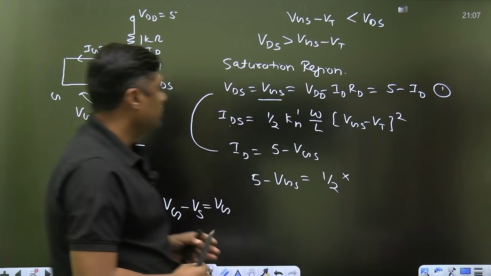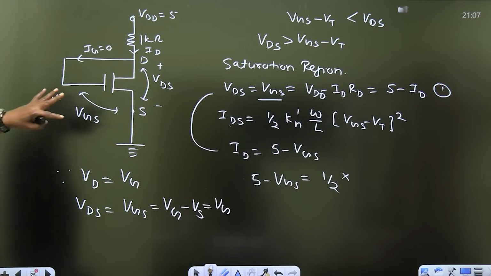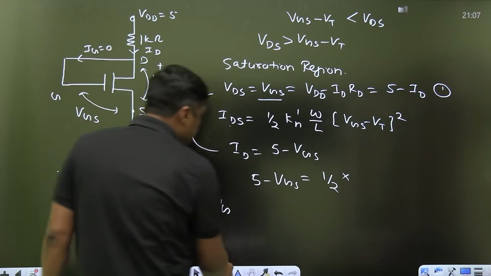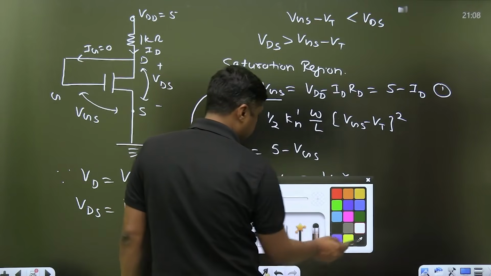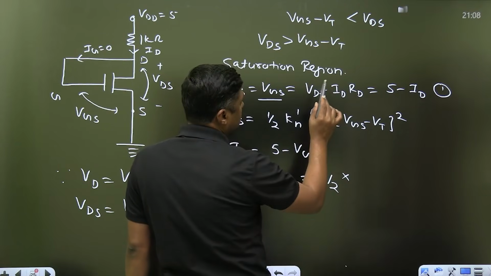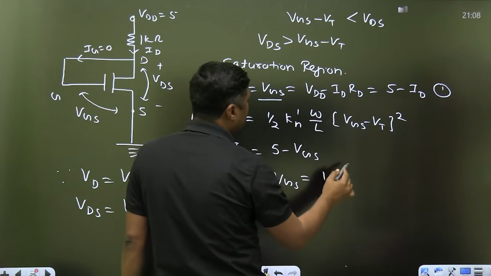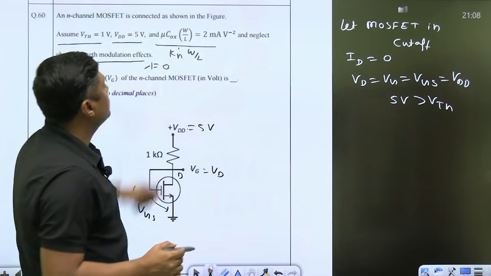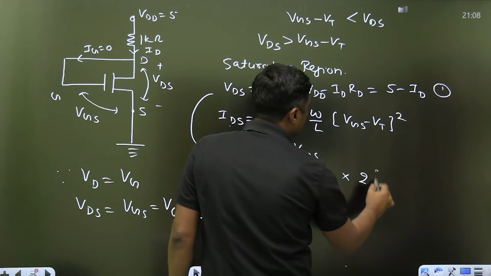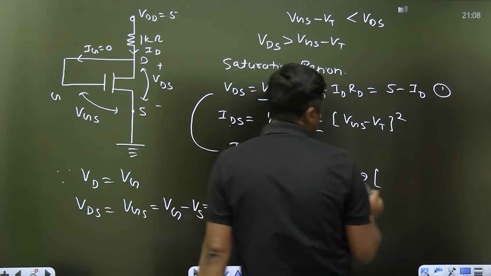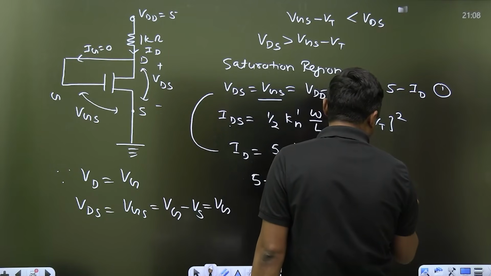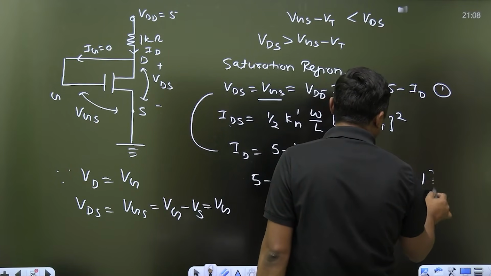Now remember guys, this is 5 minus VGS. So this is replaced by half of Kn W by L. It is given in the question as 2. VGS is not known, we have to calculate. VT is given as 1, whole square.